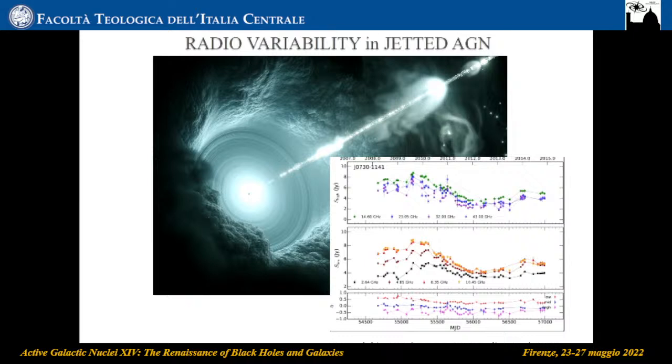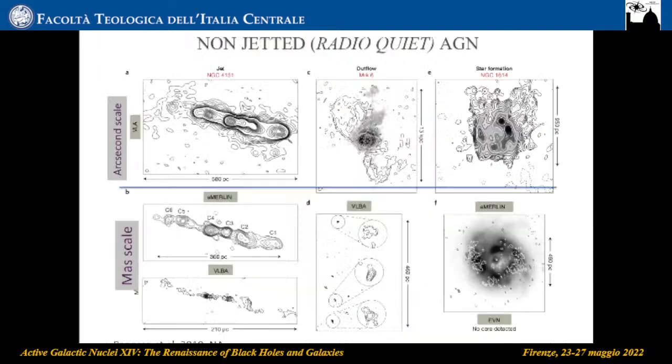We have observed strong variability at different frequencies. It shows flares on different time scales, so it's really strong. But we know that at least it is the jet that is producing such variability.